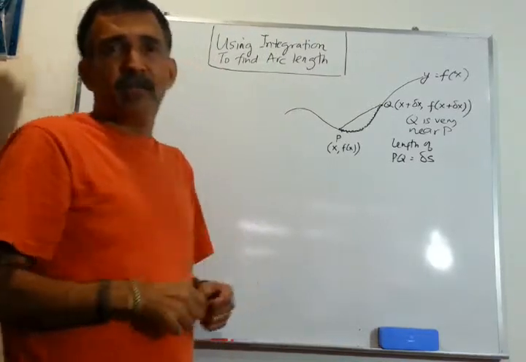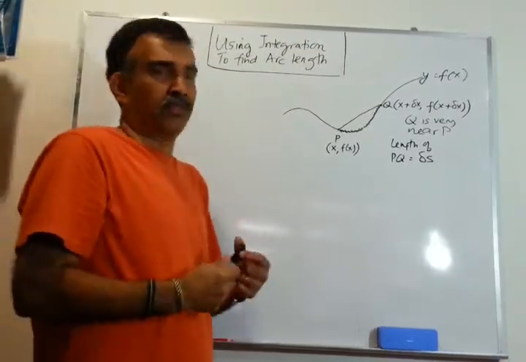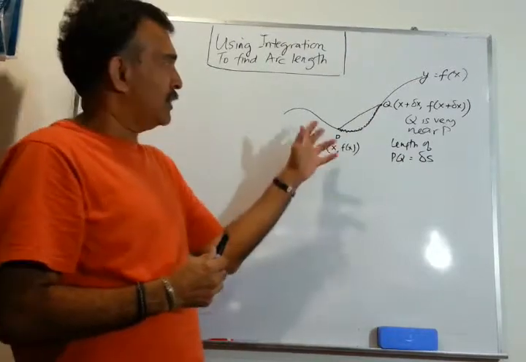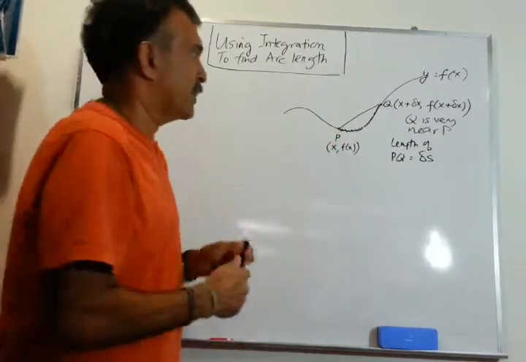Sometimes we like to reserve the word chord for circles, but whatever, we'll just call PQ a straight line.